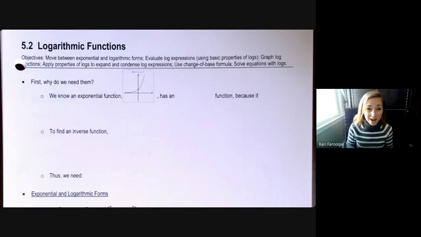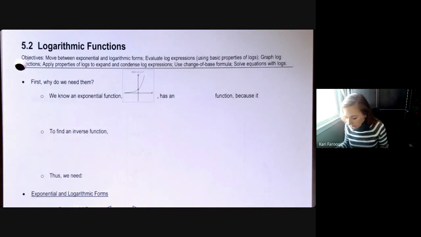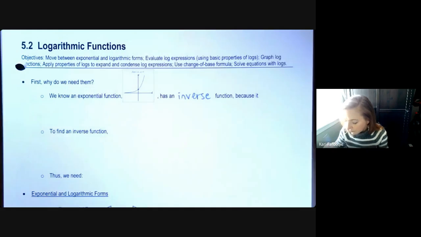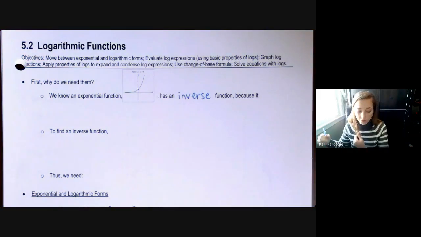First, why do we need logarithmic functions? Well, we know that an exponential function, we talked about those last time, has an inverse function, because it is one-to-one.